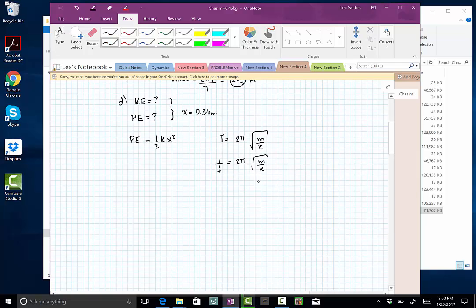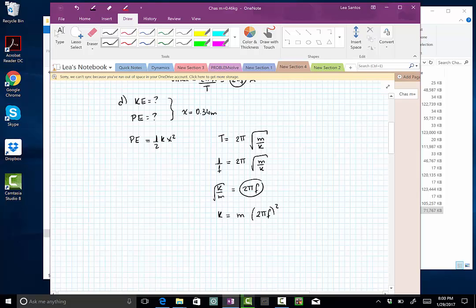What I have here is that square root of k over m, passing this whole thing to the left, is equal to 2 pi frequency. So this whole number we have from the equation that was given to us, the mass we have, so we can find k. In other words, k is mass multiplied by this 2 pi frequency squared.